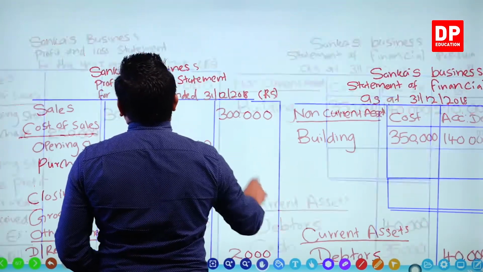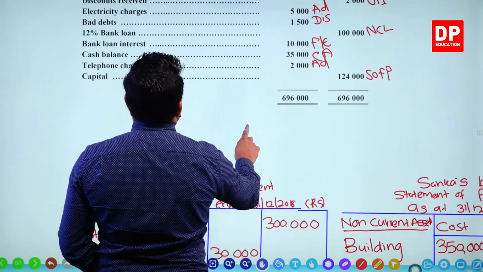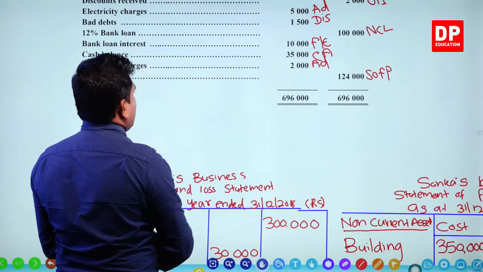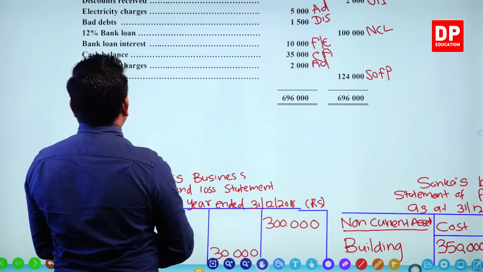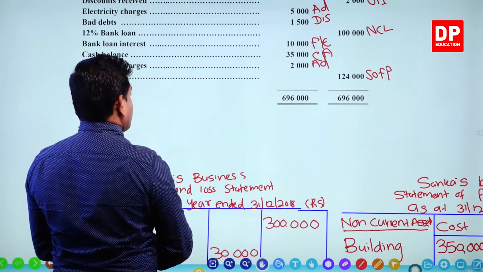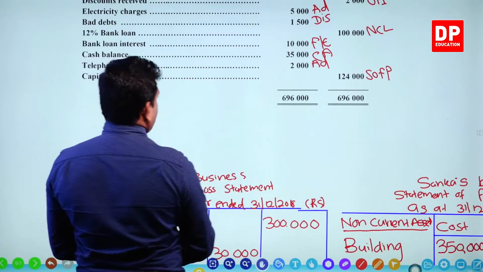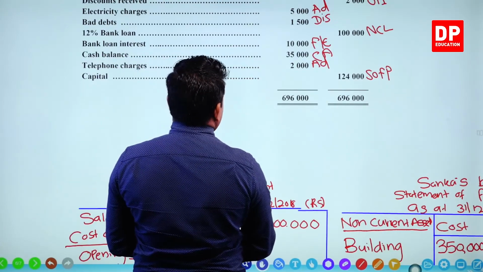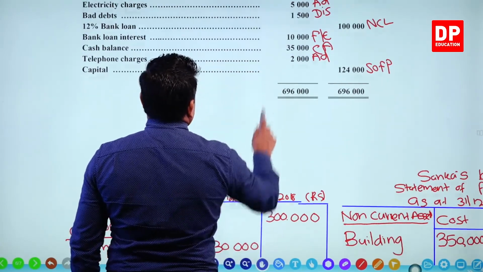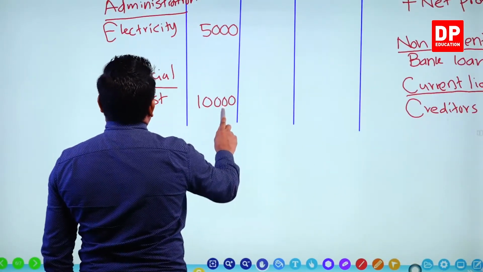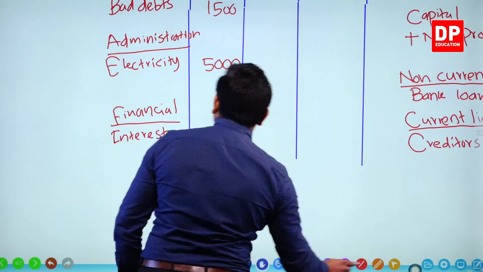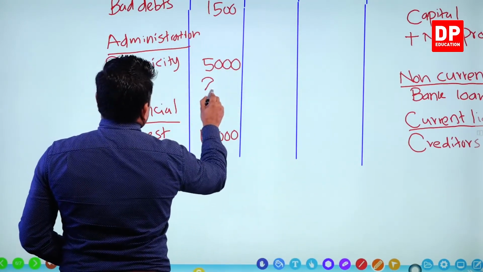Now next, telephone charges 2,000, capital 124,000. Telephone charges 2,000, right? This is 2,000.